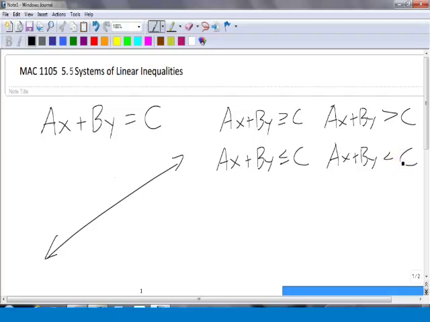Now the difference between the graphs, I should probably consider the straight line, which is the graph of the equation, and the two strict inequalities on the far right.